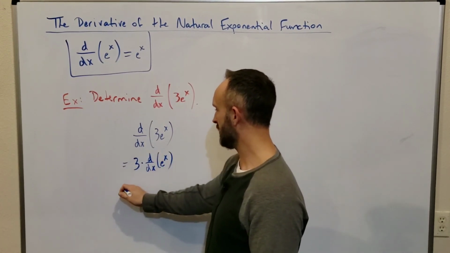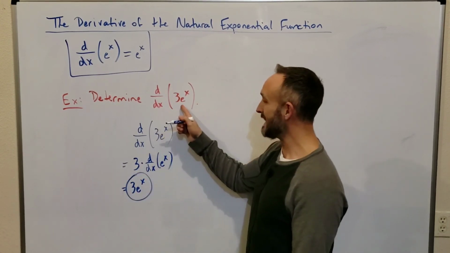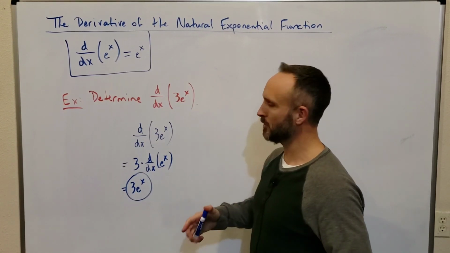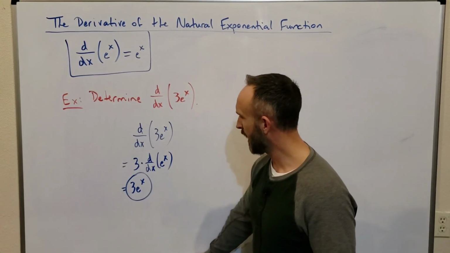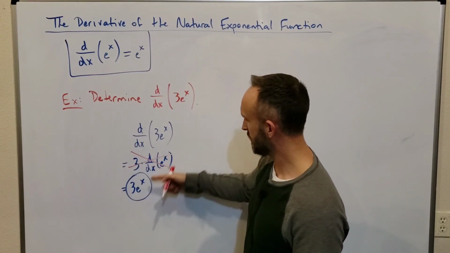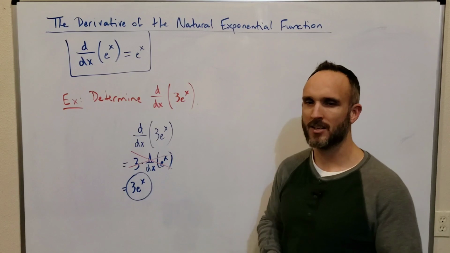And the derivative of e to the x is just e to the x. So the derivative of 3e to the x is just 3e to the x, because it's just a constant multiple which you can factor out. Now, in practice, once you get practice, you don't write this step and you just skip down here, because you know you can push the derivative in past the constant coefficient.